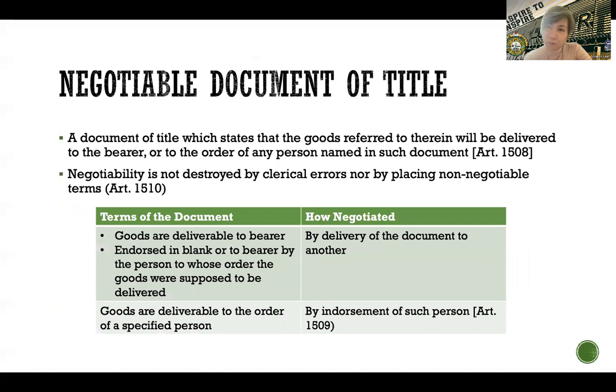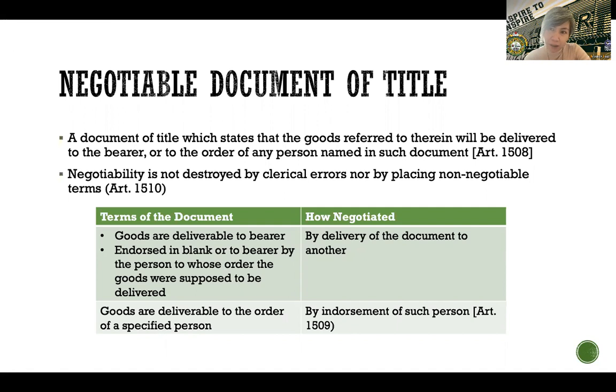So this is where it gets complicated, when we're dealing with negotiable documents of title. A document of title is considered negotiable if it states that the goods described in that document will be delivered to the bearer or to the order of any person named in the document.